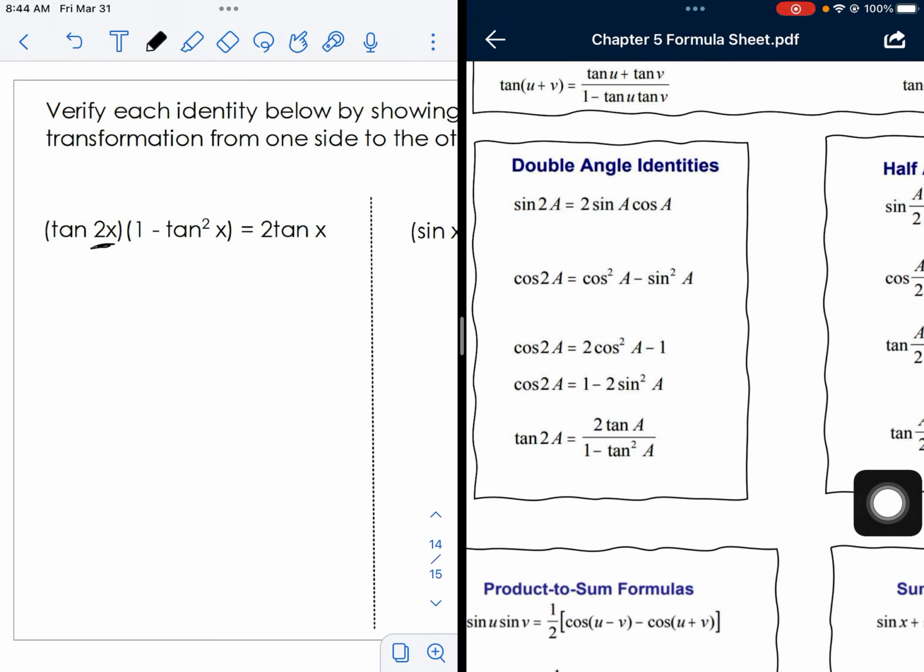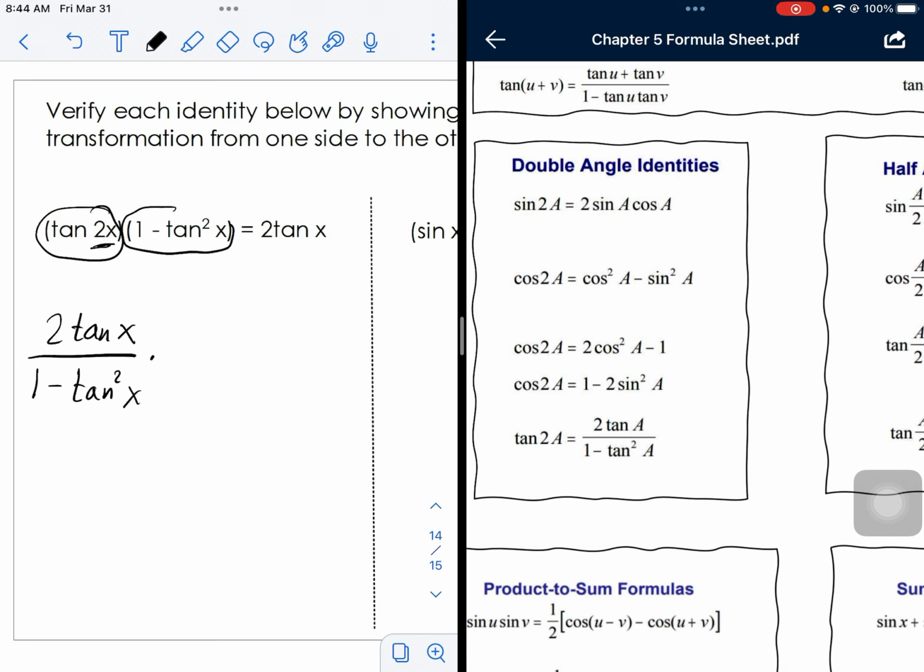If we substitute that out in this instance, so I'm going to take this value and replace it. 2 tangent a over 1 minus tangent squared, except it's not a, excuse me, 2 tangent x, and then we still have this parenthesis here, 1 minus tangent squared of x, and then we'll just put that over 1, because now you're going to see that we have the same denominator and numerator here, so we can cross those out, and we do end with just a single 2 tangent of x.